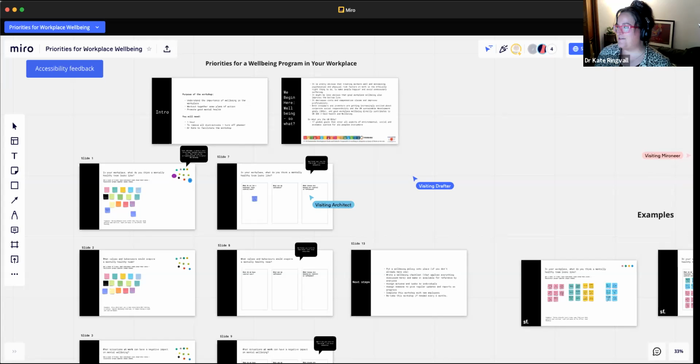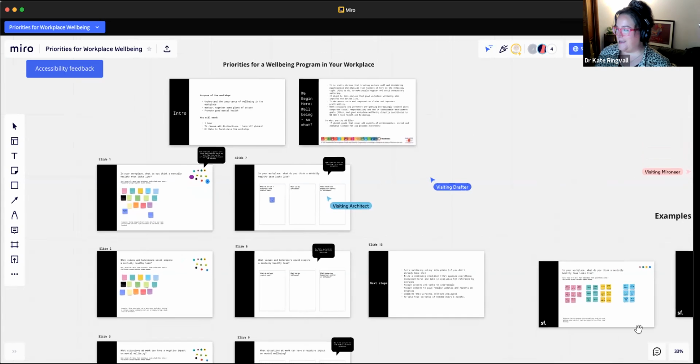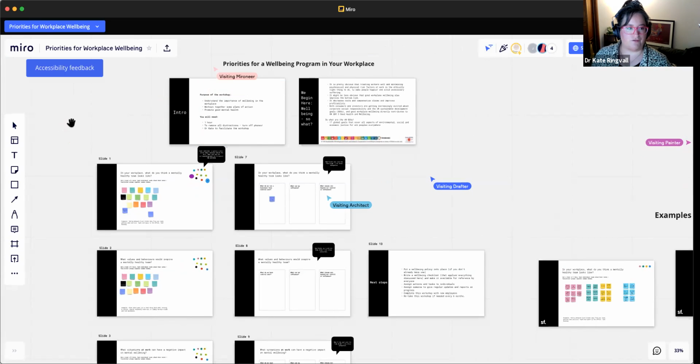So let's start with the intro, and for everyone that's new, some housekeeping. On the left-hand side, your main bar for doing everything. You can swap between either the arrow cursor or the hand cursor.